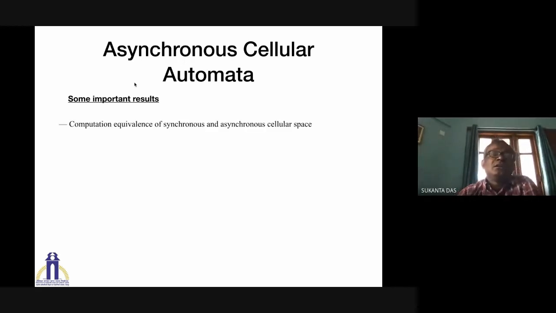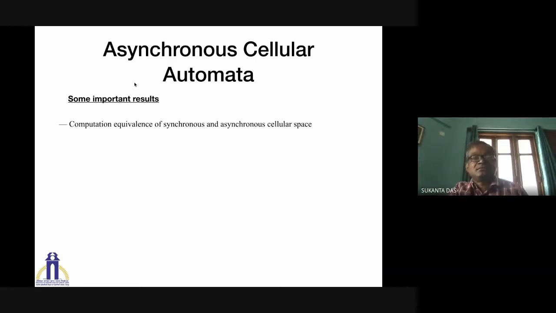A very important result is the computational equivalence of synchronous and asynchronous cellular automata. Synchronous cellular automata are proved to be computationally universal. Asynchronous cellular automata are also proved to be computationally universal.